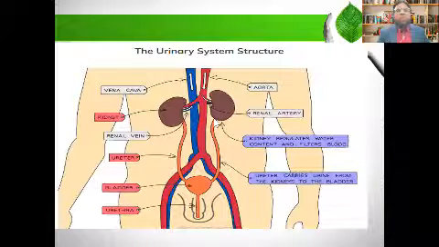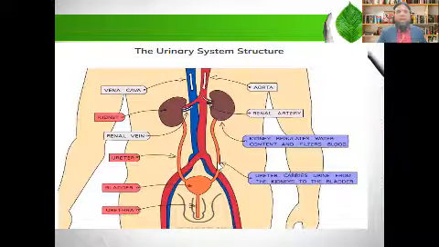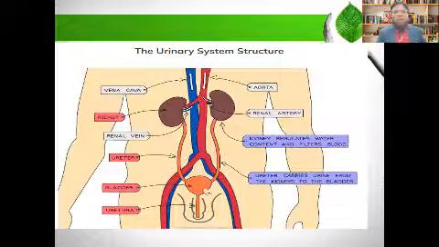All these materials enter the ureter, and this ureter goes to the bladder, where the urine stays for some time. After that, it is passed out by the urethra.